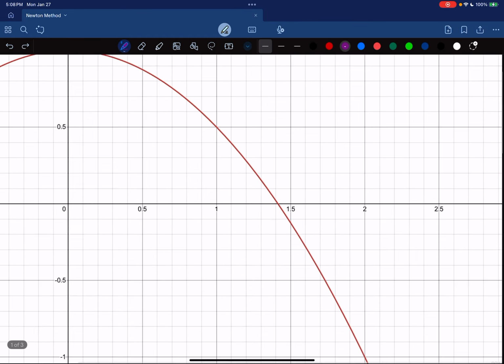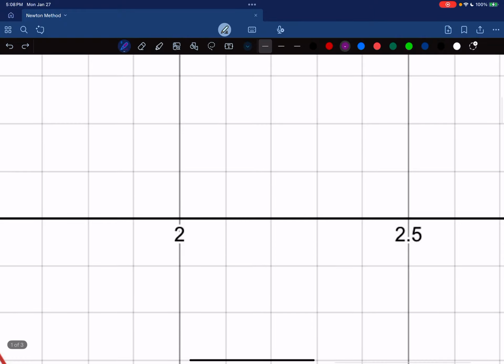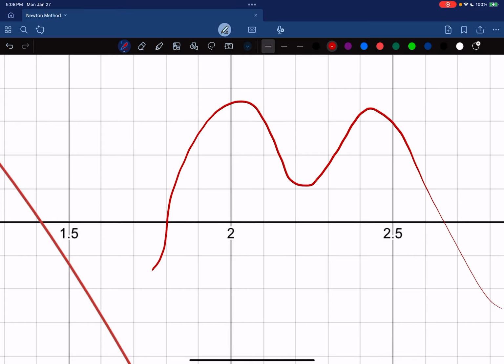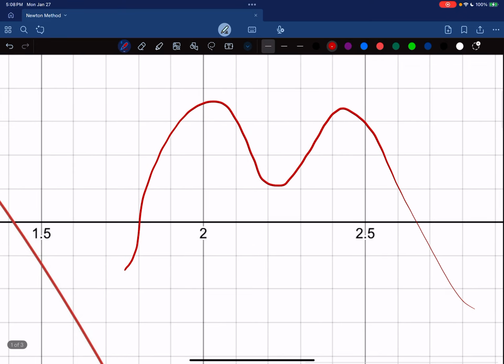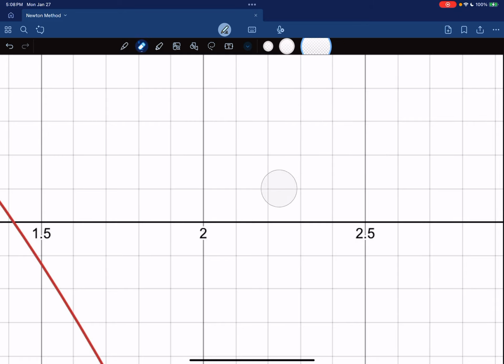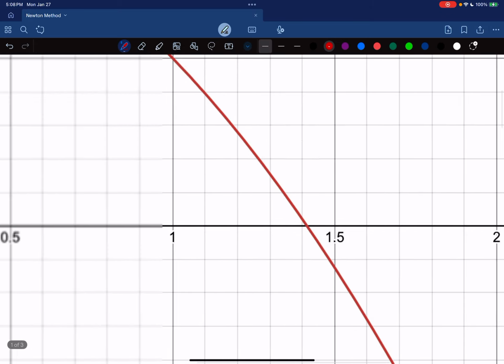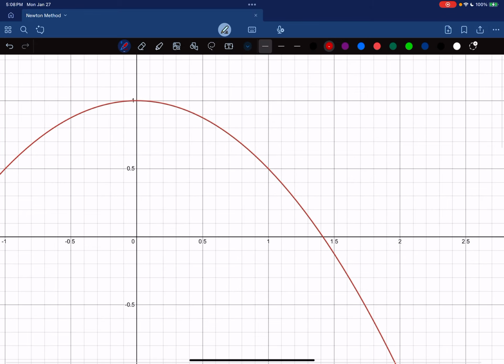So for example, one example you can run into is, what if your function was something like this. Okay, so remember how I said your initial guess, if it's here, you'll get 0. Now, what if you choose your initial guess to be on this side?